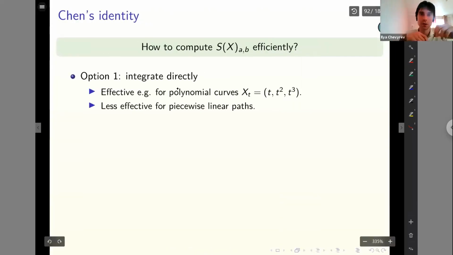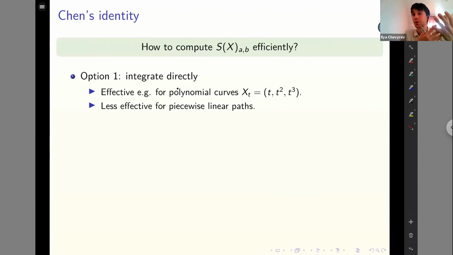Okay, so there's a first option, which is just to use the definition of the signature. The definition of the signature is given by integrals, so you just take your quadrature method or something, and then you evaluate the integrals. If you're lucky, maybe you know that your path is given by polynomials in time. In this case, you can explicitly solve it, and this gives you quite a rapid way of computing the signature.